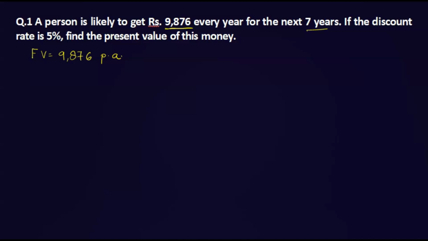Per year, this amount is likely to be received by a person for 7 years. That means n equals 7. Then discount rate is given as 5%. So r is 5%, or it can be written as 0.05. That's it. Now present value we have to find out.